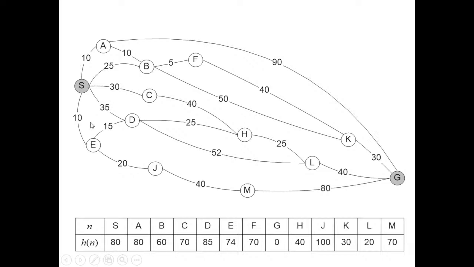The question is, what about these values? These values are the actual values in this story. We have two values in here, the actual values and the estimated values: the actual cost and the heuristic one. Is it answering your question, Mas Andi?